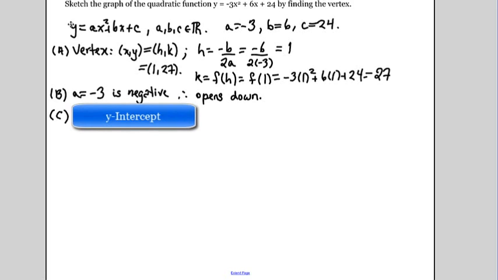Now we want to know where the parabola crosses the y-axis. In other words, we want to find the y-intercept. We do this by setting x equal to 0. That gives us the following equation.